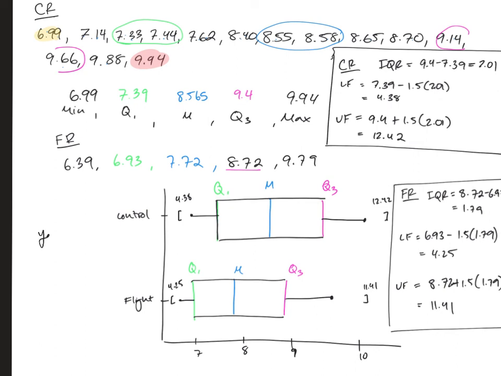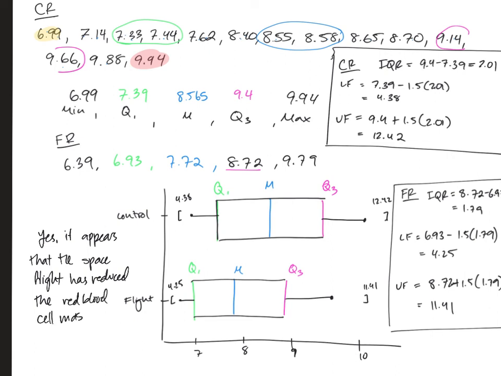So I'd say yes, it appears that the spaceflight has reduced the red blood cell mass of the rats, because the median is lower.